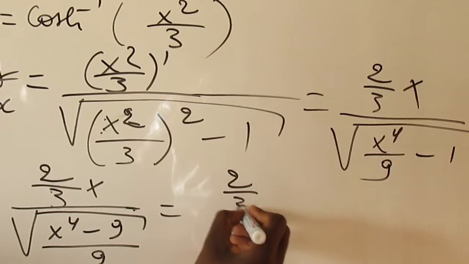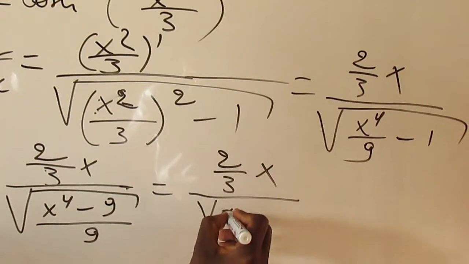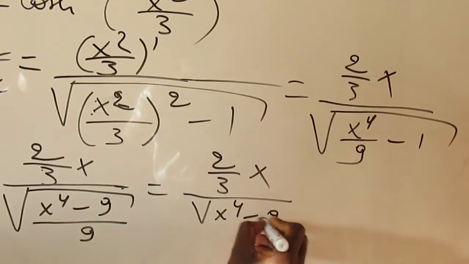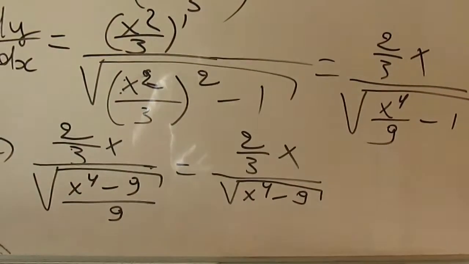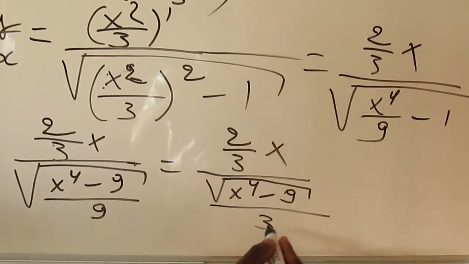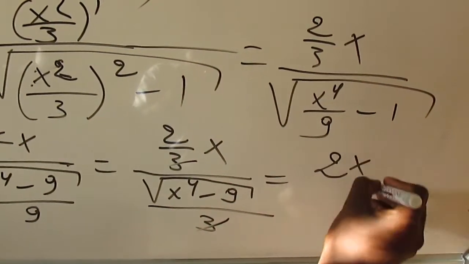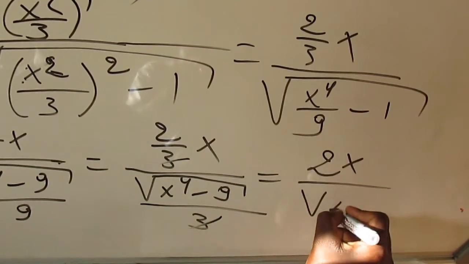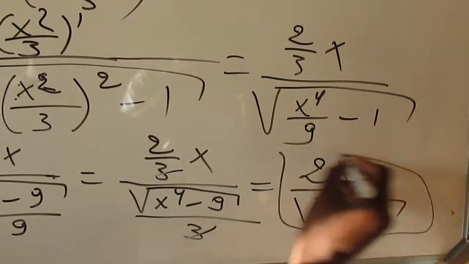We still have 2 over 3 x over square root of x to the power 4 minus 9, and the 9 goes out of the square root, it is going to give 3, okay. You simplify, and here you remain with 2x over square root of x to the power 4 minus 9, and this is your final answer.